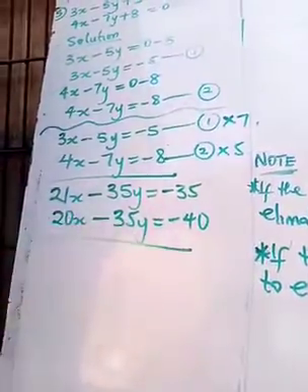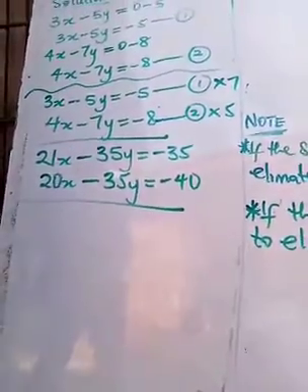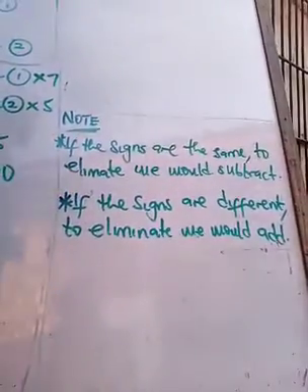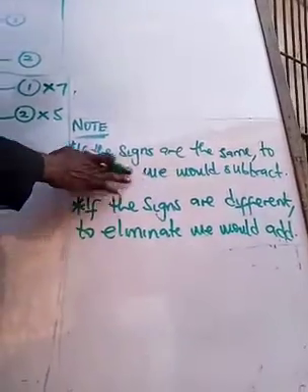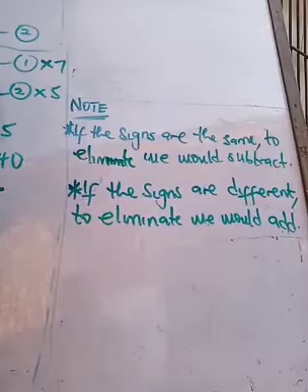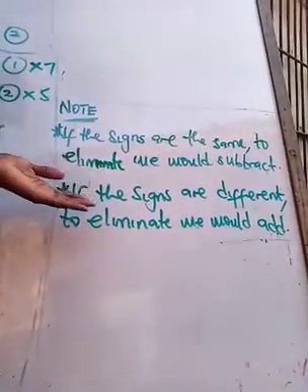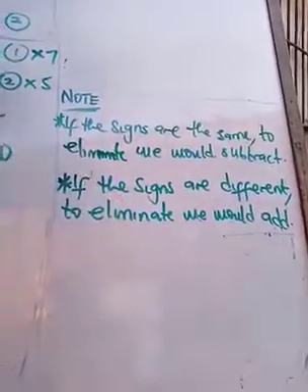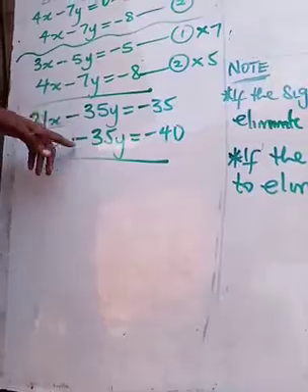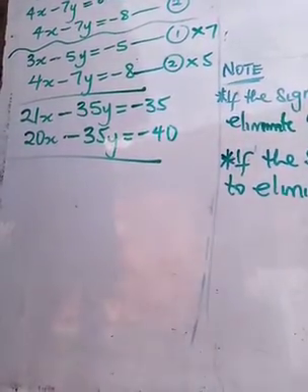Now we are going to eliminate y. So you can either add or you subtract. But I've written something here. If the signs are the same, to eliminate, we would subtract. But if the signs are different, to eliminate, we would add. You look at the signs in front of the variable you want to eliminate.